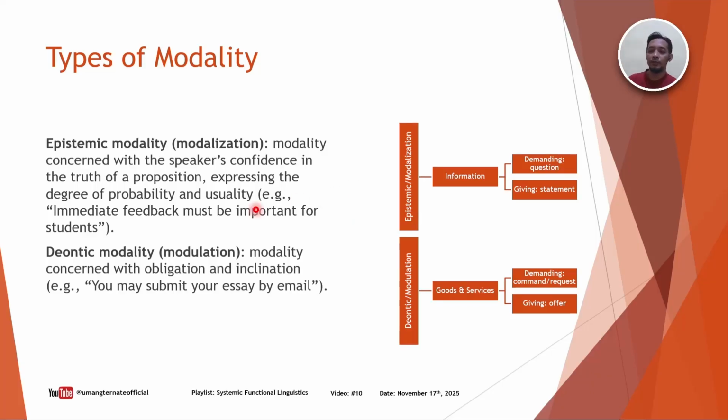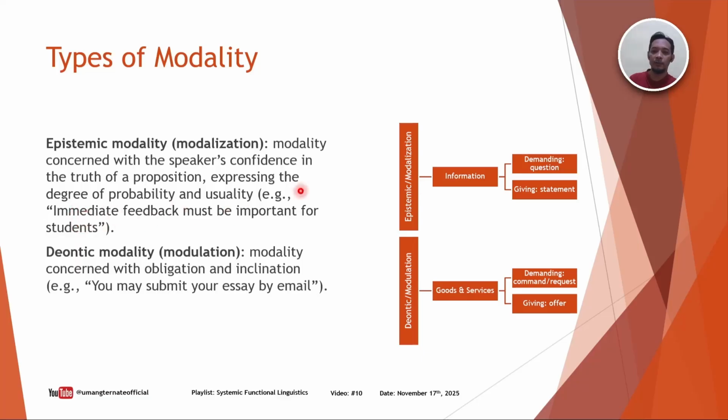So we can take a look at this example here. Immediate feedback must be important for students. In this clause, the modal finite must is used here, and it presents the speaker's confidence about the importance of immediate feedback. Okay, and this is an information.